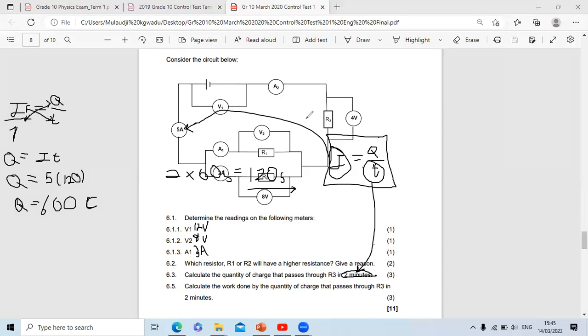I think the work is equal to Q. Isn't it? Can I write it down quick? Yeah, you can send it to me, but I think it's usually W is equal to QV, isn't it right?